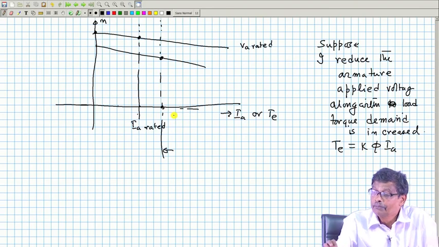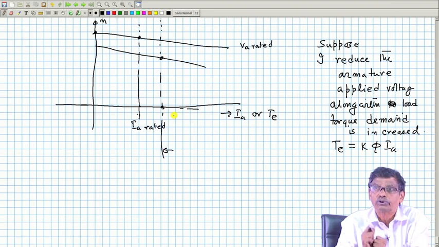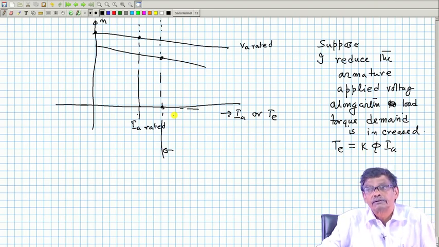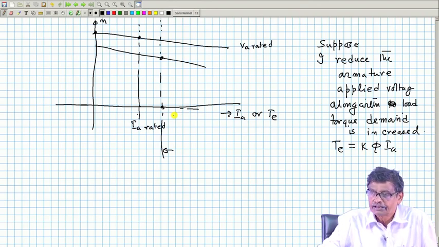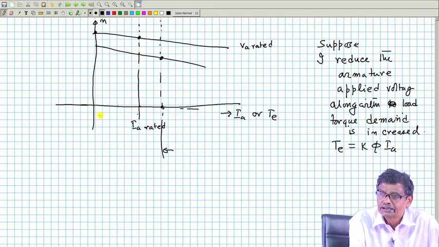Therefore, this armature voltage control method is most suited for constant load torque demand. If the load torque is constant corresponding to rated current, armature current will not increase, it will be rated.